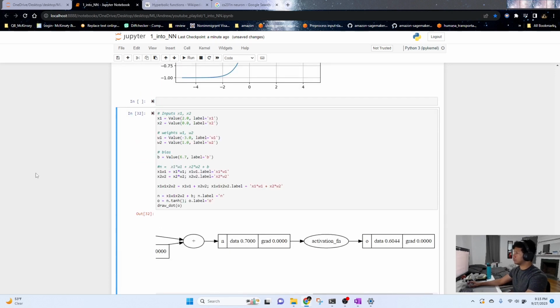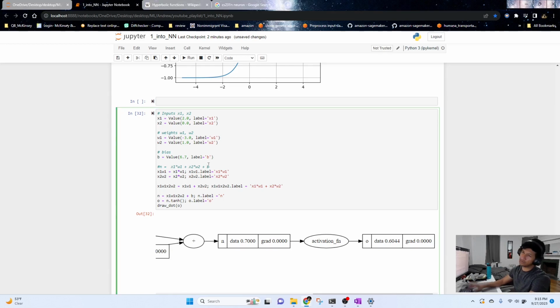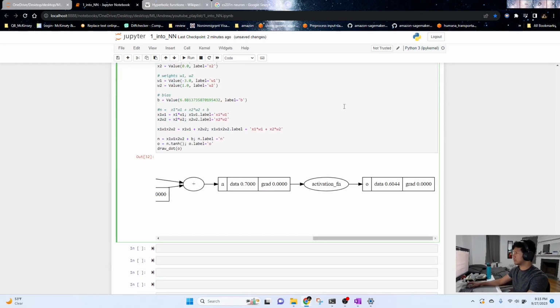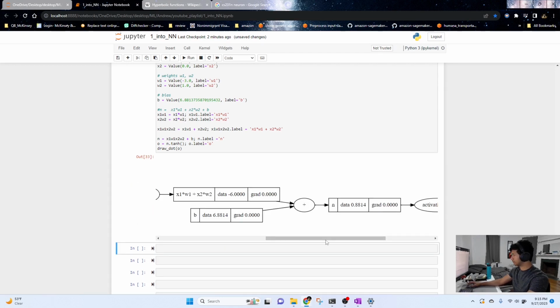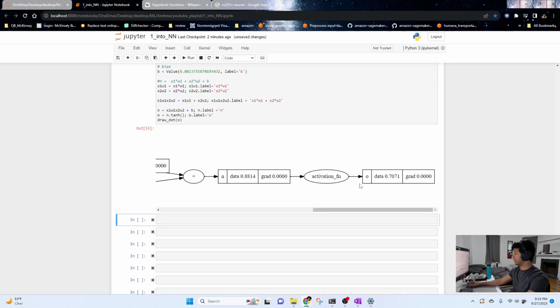In order to do that, there is one special element that is really important, which makes the whole equation easier to calculate: having some constant bias, 6.88. Now we can start backpropagation.